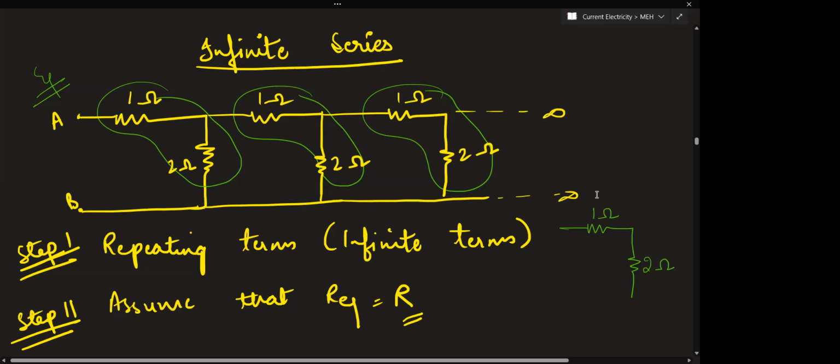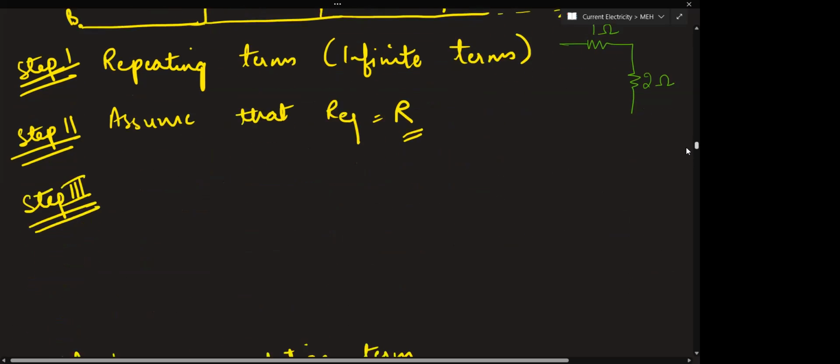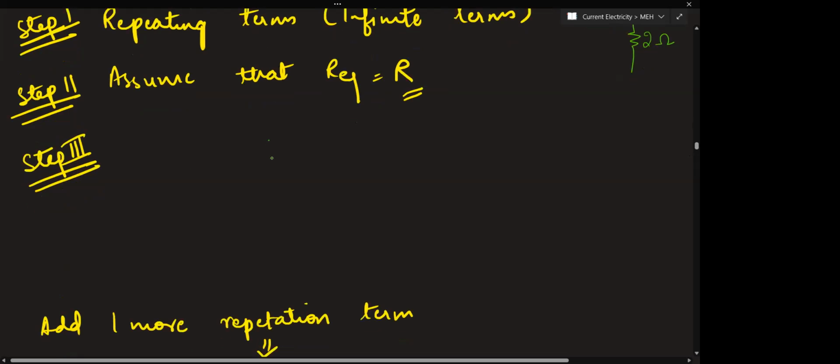Now, the third step is that if this whole complete circuit's equivalent resistance is capital R, and I add one more repeating term to it, will there be any difference?